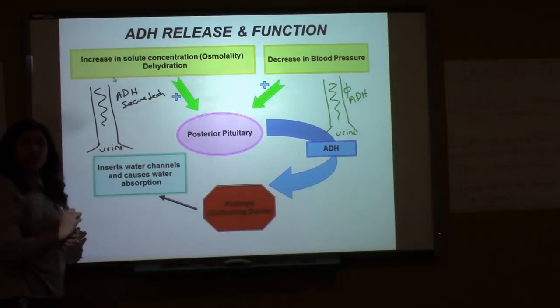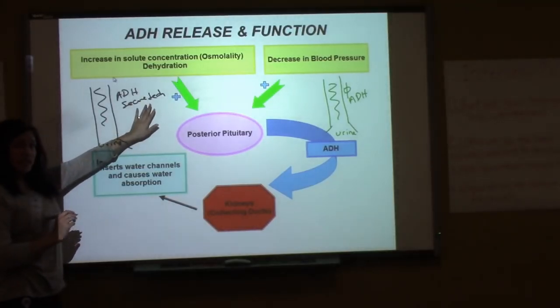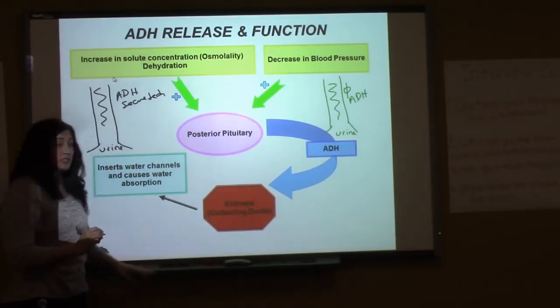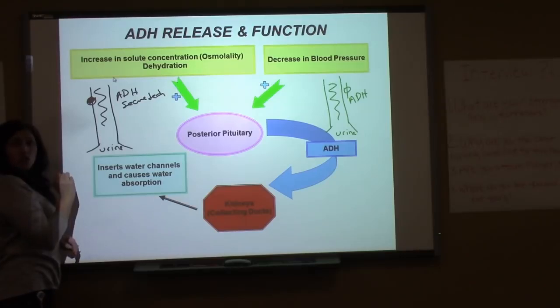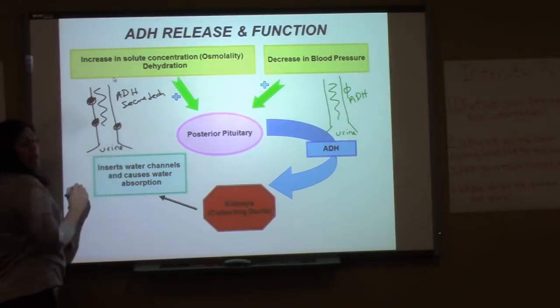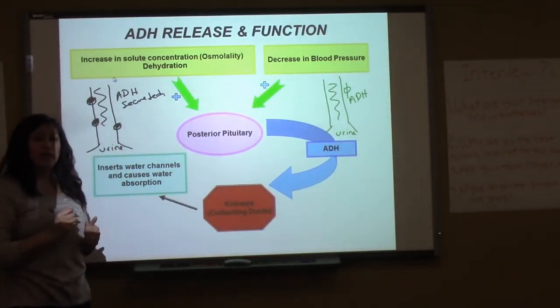ADH has been secreted by the posterior pituitary. So the ADH will travel to the kidneys, specifically to the collecting ducts. And when it goes there, it will insert water channels. And now, because water channels have been inserted, water can be reabsorbed.